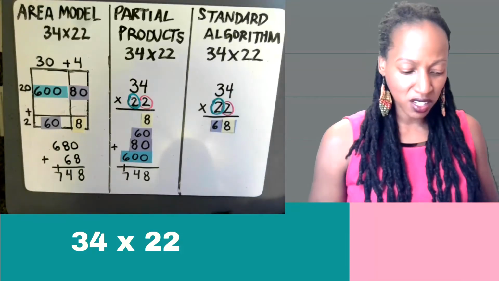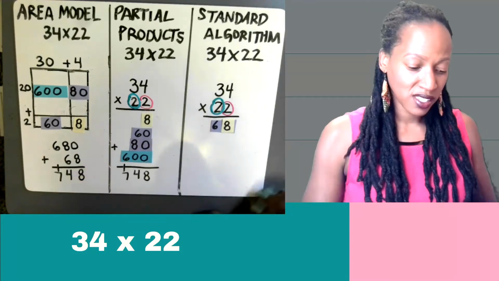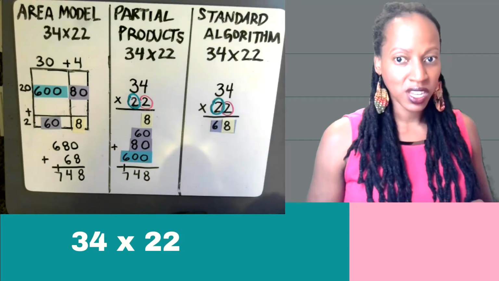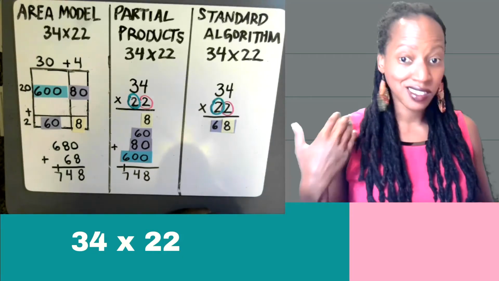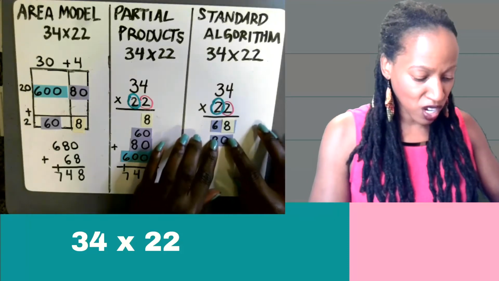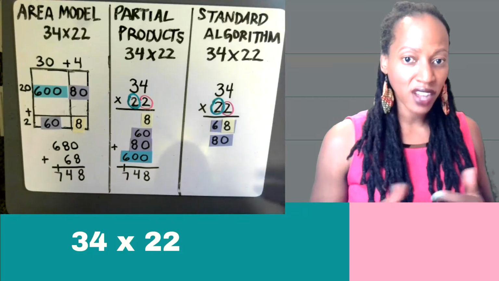So let's take a look. The first thing I'm going to notice is I have 2 tens, or 20 times 4. 20 times 4 is going to give me 8 tens. That's less than 10 hundreds, so I'm going to put an 8 in the tens place and a 0 in the ones place. That's how I write that in standard form.